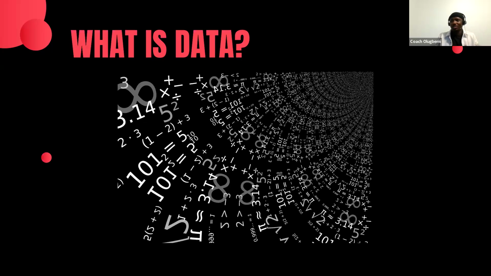And I'll just quickly go into it. Like Etuk said, he's actually right. Data is everything, right? But data is any collected information, a collection of information. It doesn't have to be structured like Sui said.